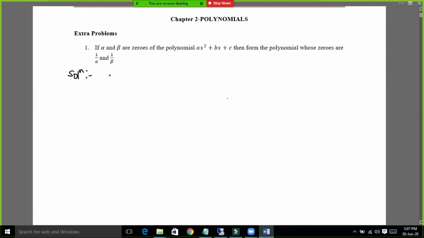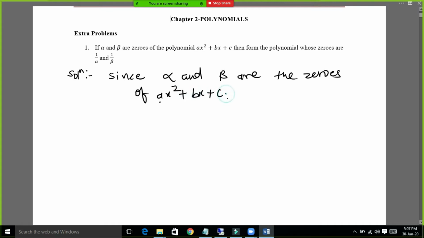Since alpha and beta are the zeros of ax square plus bx plus c, the sum of zeros, that is alpha plus beta, is, now we know the formula, minus b upon a, that is minus coefficient of x upon coefficient of x square.